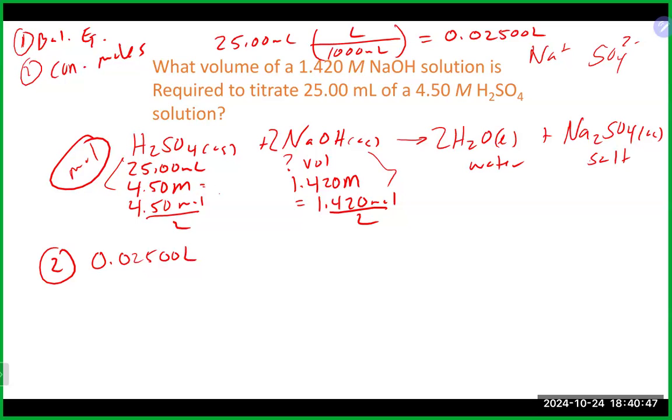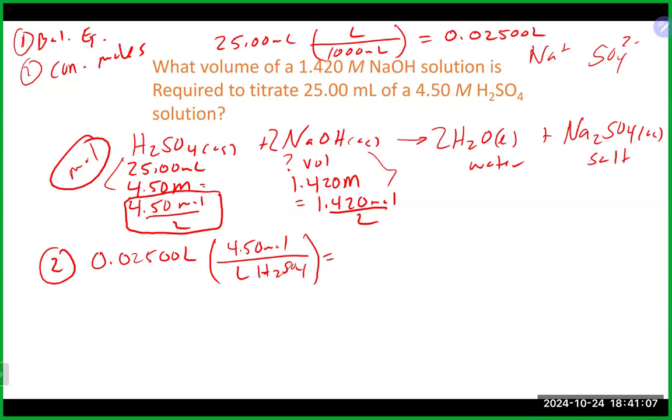I'm going to take the molarity of my acid and use it like this, where I can see both units, getting rid of the big M. So I'm going to use 4.5 moles per liter of H2SO4.